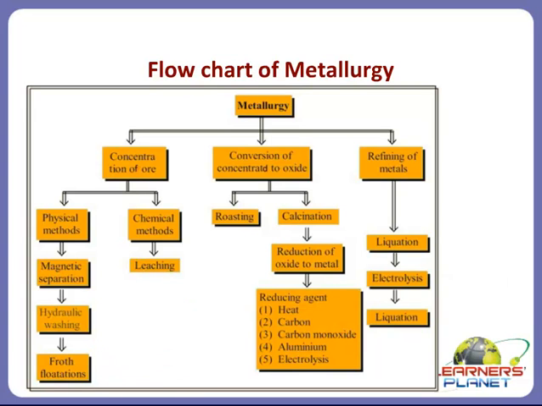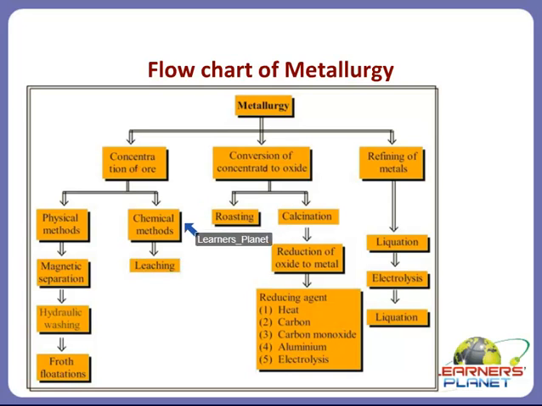The physical methods depend on the differences in the physical properties of the metal ore and the impurities, such as their specific gravities or their magnetic character. It can also be concentrated by chemical methods like leaching.